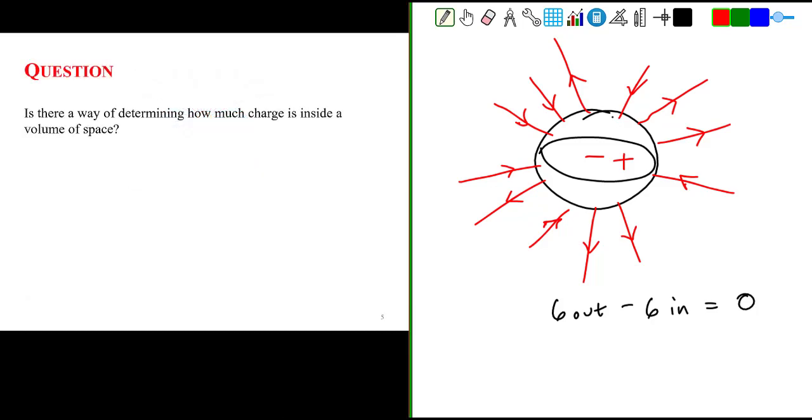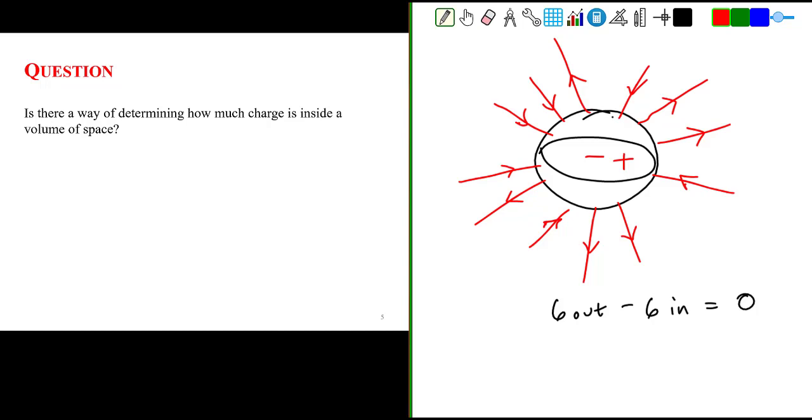Since we know whether or not a volume of space encloses a net positive charge, a net negative charge, or a net 0 charge based off of whether the electric flux across that surface enclosing a volume is positive, negative, or 0, there's a natural question that we should ask.